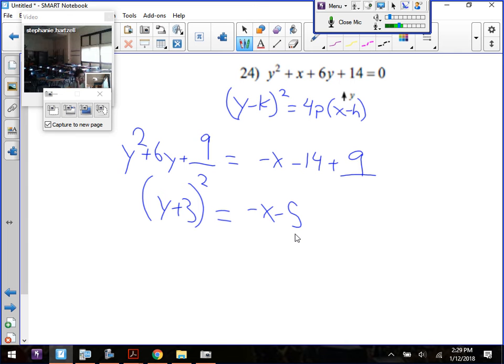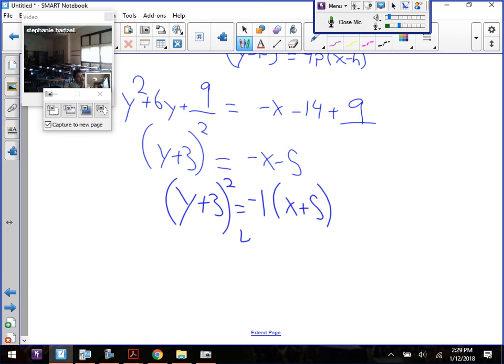But you factor that out because then that's what you're going to set equal to the 4p to figure out what your value is. So we get y plus 3 quantity squared equals negative 1 x plus 5. Which means 4p equals negative 1. P is negative 1/4, and you're right, it's going to the left.